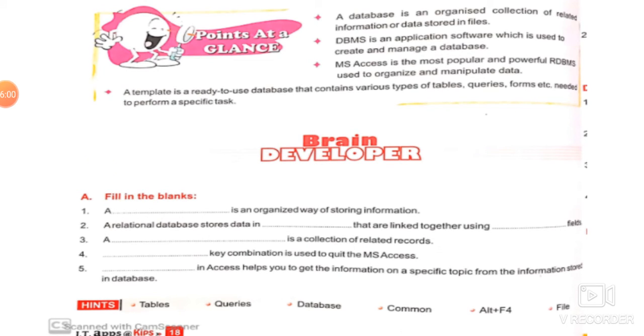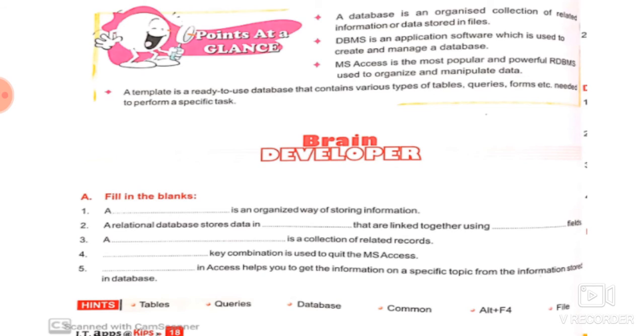Here is the fill in the blanks part. First, what is an organized way of storing information? It's a database. Next, a relational database stores data in what, that are linked together using fields? We store data in tables, and tables are linked together using common fields.